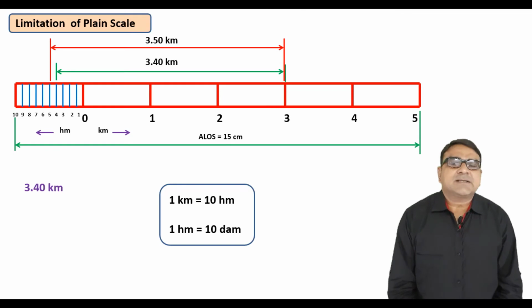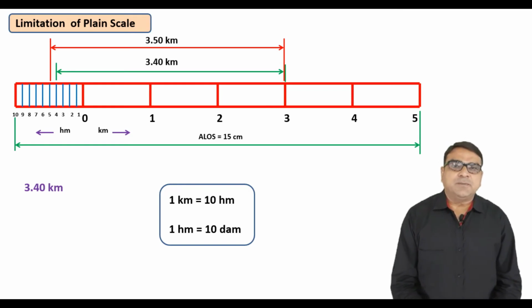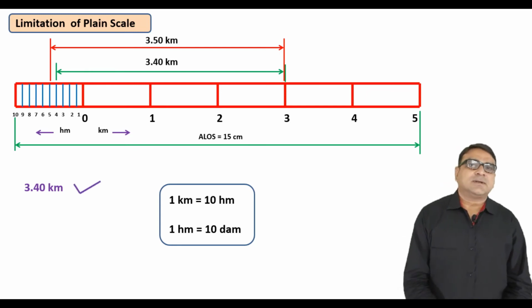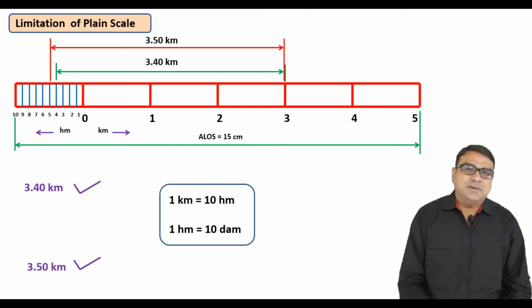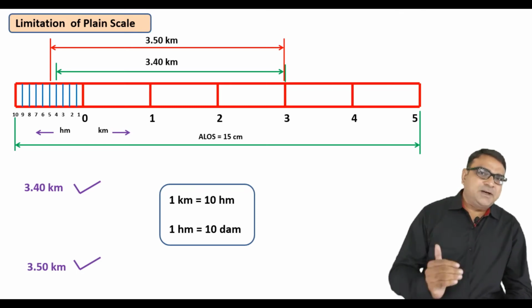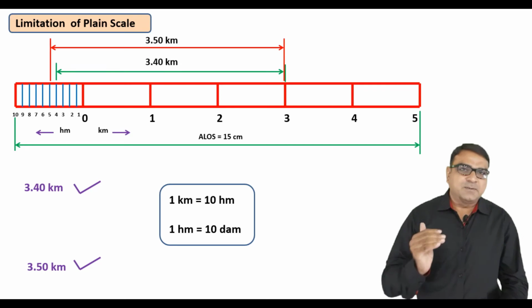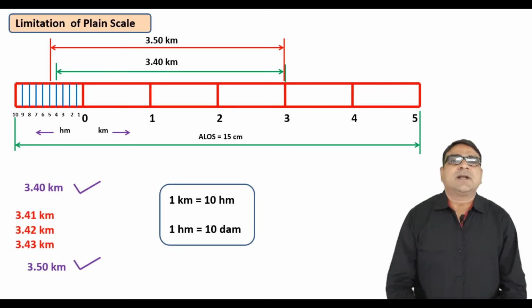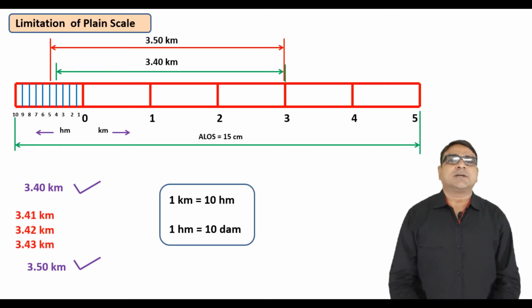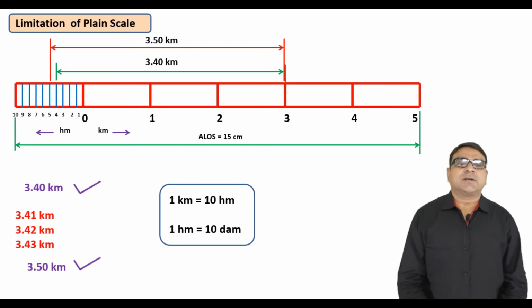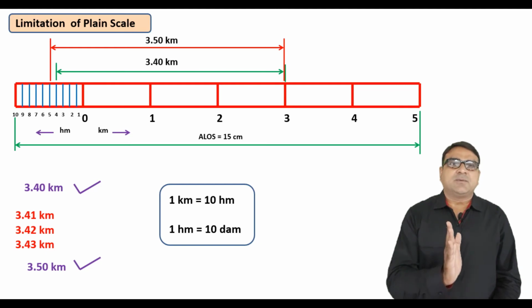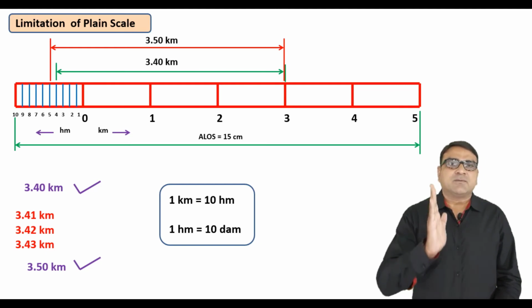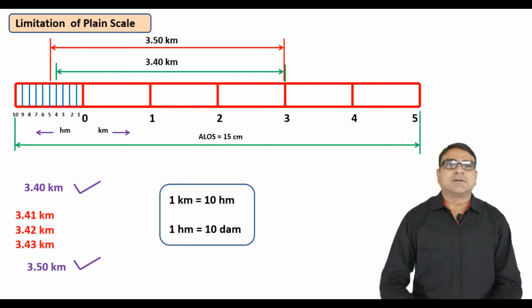So in this plane scale, we are able to show 3.40 kilometer and 3.5 kilometer. But the measurements in between 3.40 and 3.50, like 3.41 kilometer, 3.42 kilometer, 3.43 kilometer, are not possible. 3.41 kilometer means 3 kilometer plus 4 hectometer plus 1 decameter.